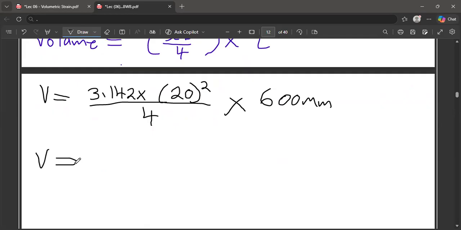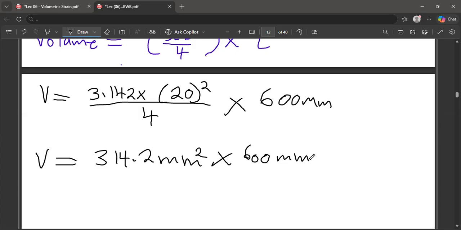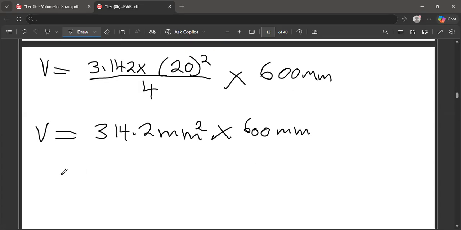So finally, we can punch it bit by bit, or all at once. Let's do it bit by bit. 3.142 times 20 all squared over 4, we are going to get 314.2 millimeter squared times 600 millimeters. This is what brings about a millimeter cube, because in indices, if the bases are the same and they are multiplying, we add the exponents.